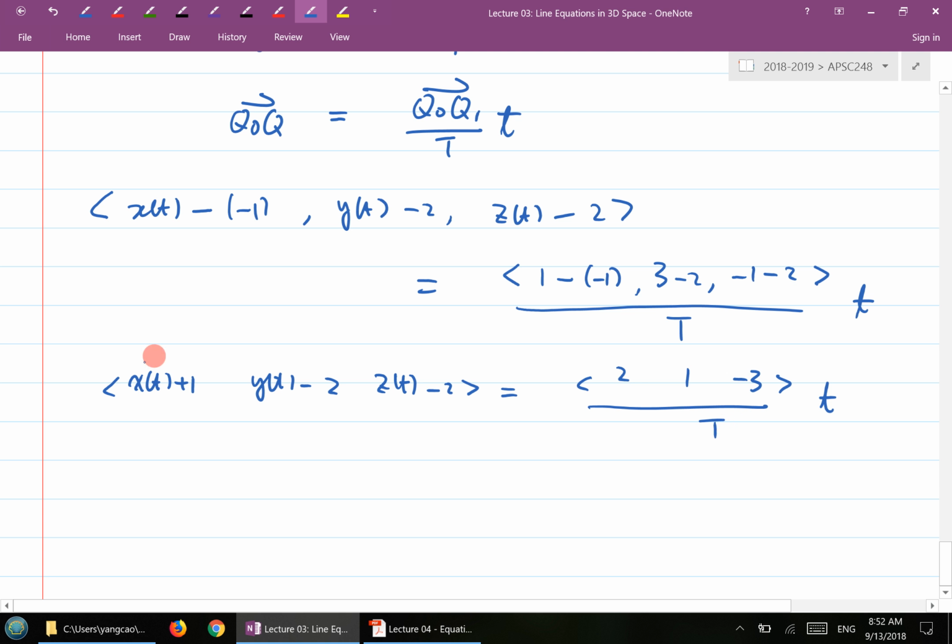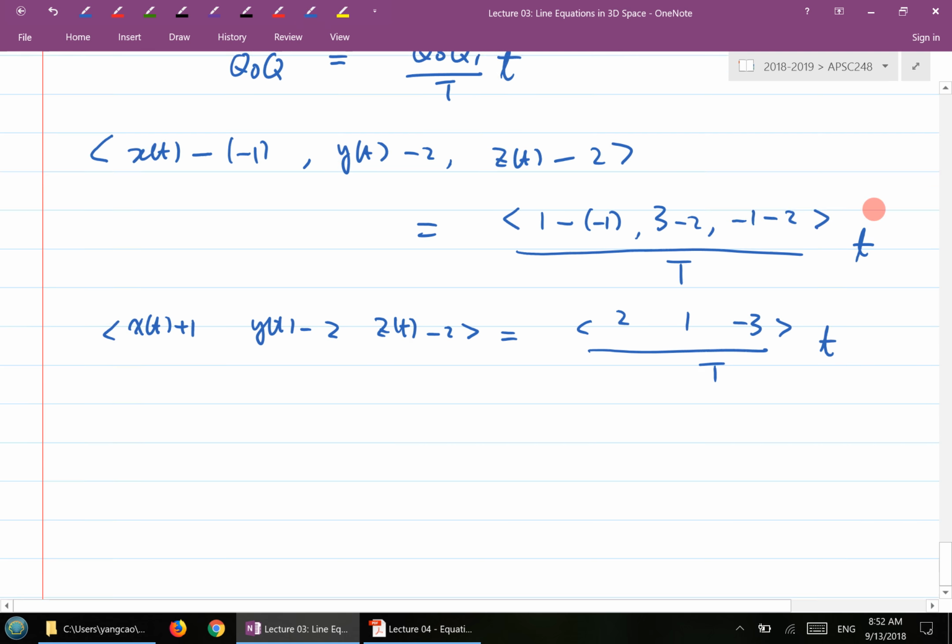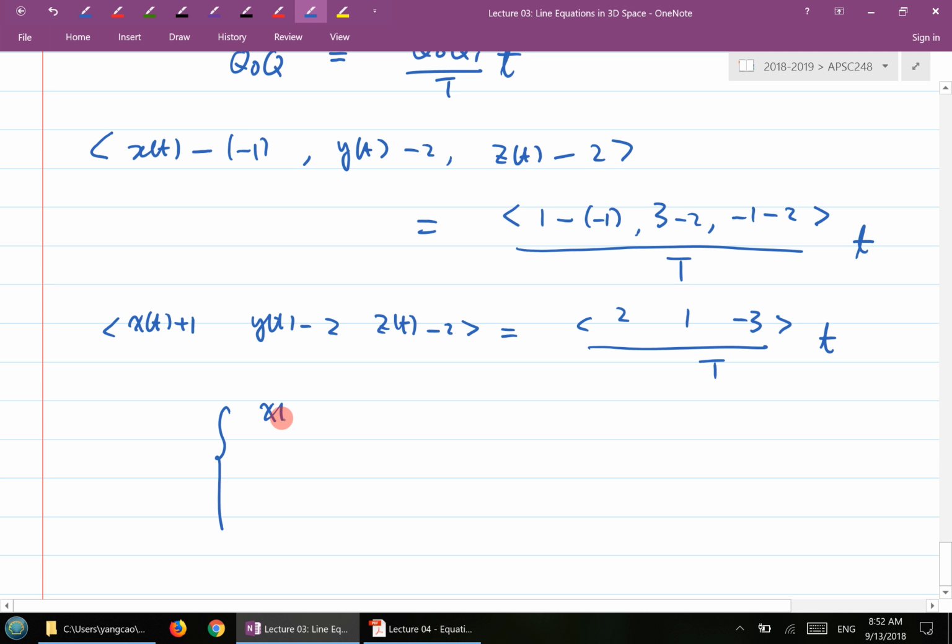The x component here is the same as this x component, the y component the same as the y component, and the z component the same as the z component. So I can literally separate this into 3 equations now. The first one is 2 over t times t, and so on. That's 3 equations.